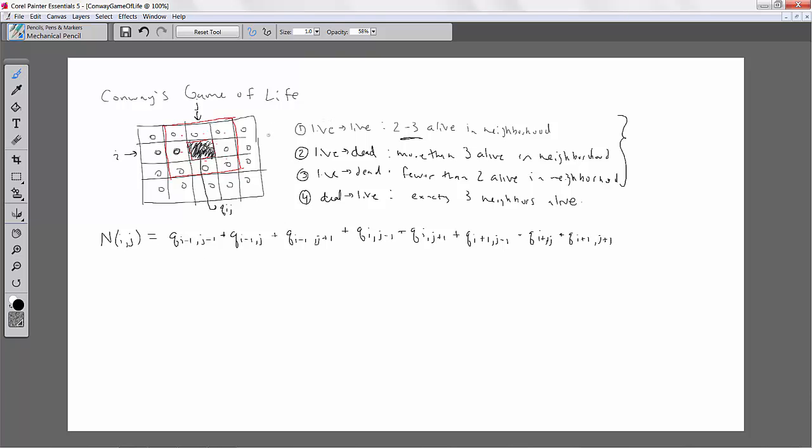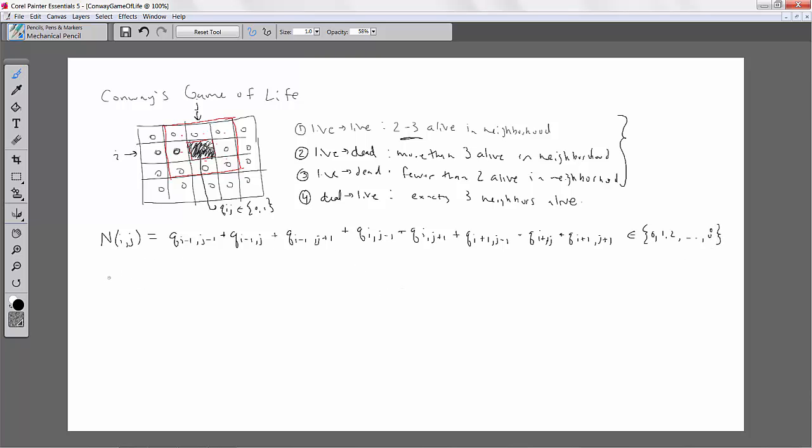Each of these Q values, as I mentioned before, is either 0 or 1. So this neighbor function will take on a value anywhere between 0 and 8, depending on how many neighbors are alive.